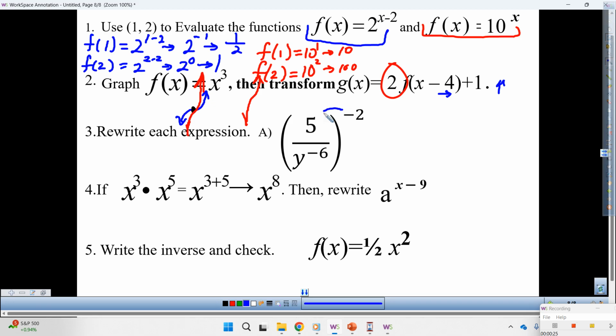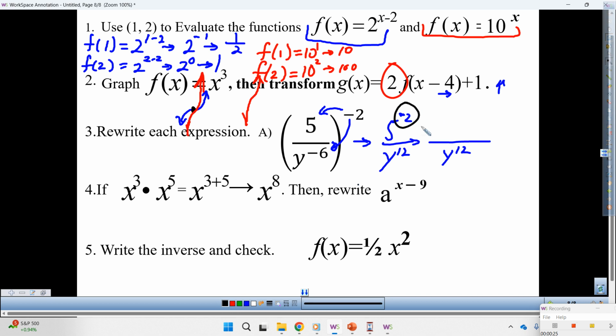Number 3, distribute the exponent to both the denominator and numerator. So this is f to the negative 5 to the negative 2 over y to the 12. Now check this out. Y to the 12 is positive, so I leave it in the denominator. However, which one is the negative?